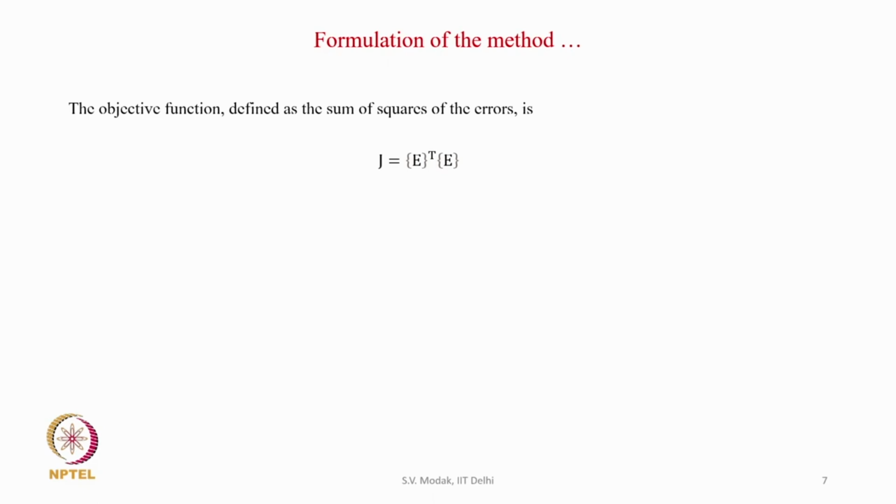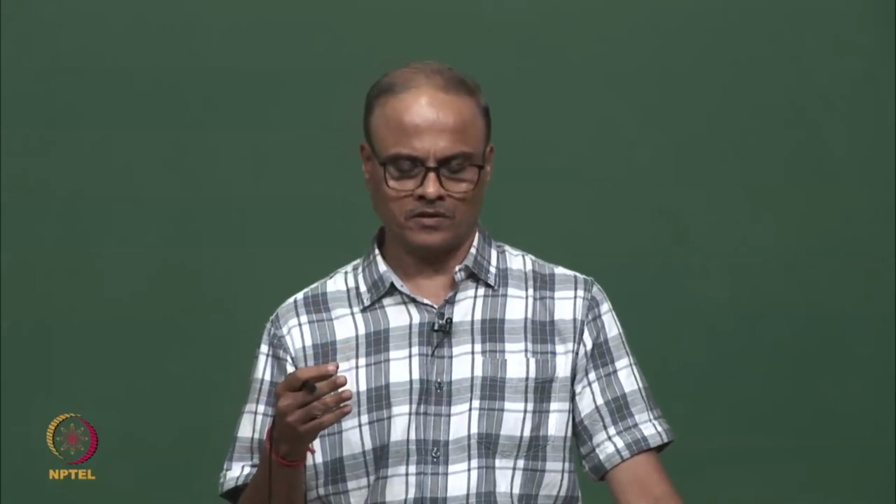This J is now a function of the unknown coefficient vectors A and B, and the necessary condition for J to be minimum is that the first derivative of J with respect to each of the polynomial coefficients must be 0. When we enforce those conditions, we get two matrix equations.